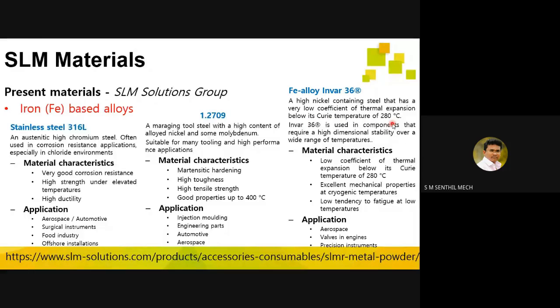It means it has higher dimensional stability over a wide range of temperature applications. Dimensional stability is nothing but, as you already know, when you increase the temperature, the material or the component will try to expand.